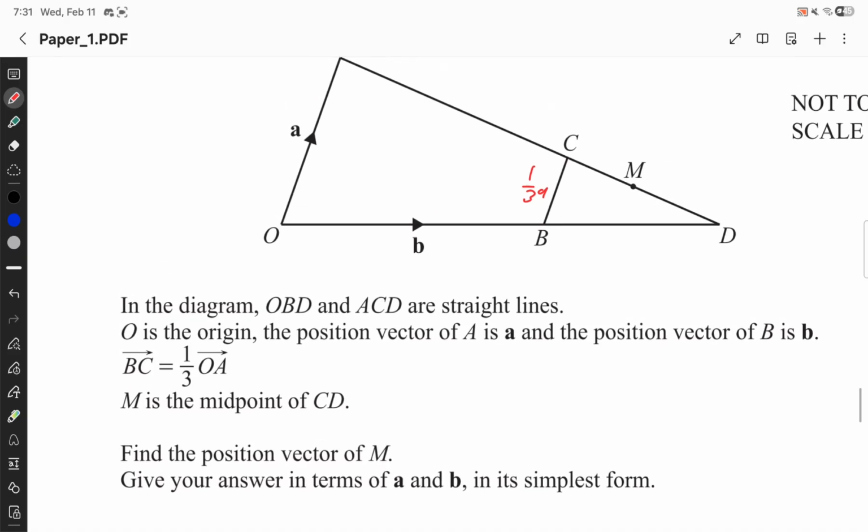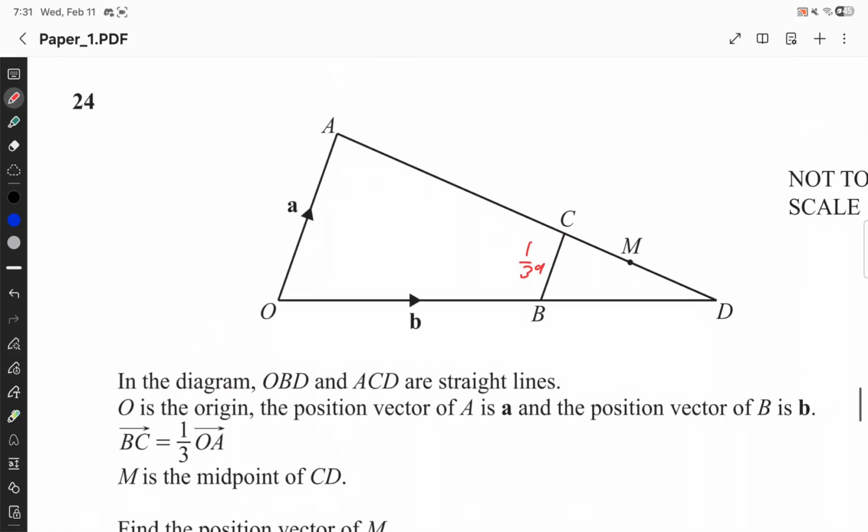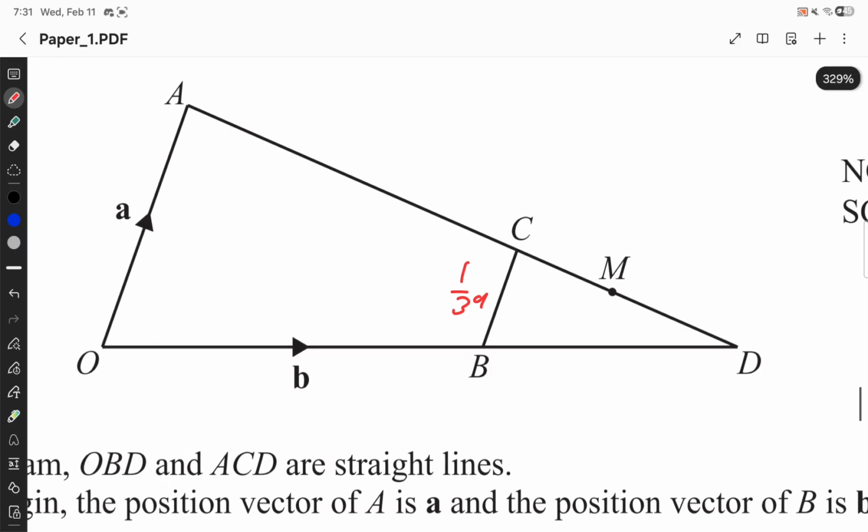I think this was to first find D, OD, then we need to find CD. Okay, so let's do this. We know OD will be some multiplier k times OB, and OD is also defined as OA plus AD, and AD is some multiplier of AC.